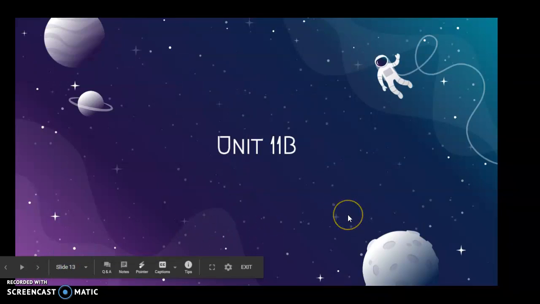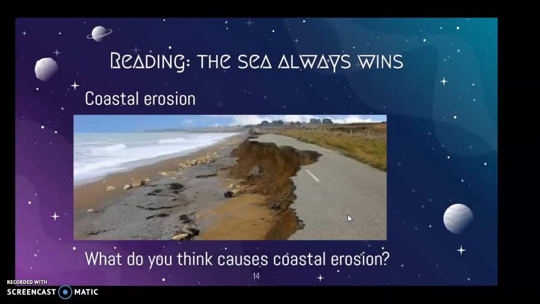Then today we're going to start Unit 11B. Today I was planning on giving you an introduction before you do the reading for homework. So the topic of this reading is coastal erosion. And as you know, this is a phenomenon that is happening in the world and it doesn't really have a way to stop it.